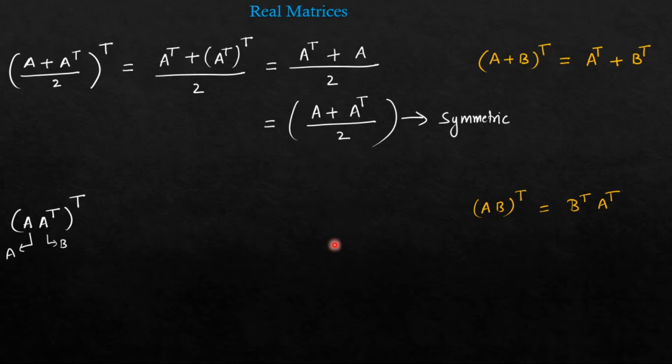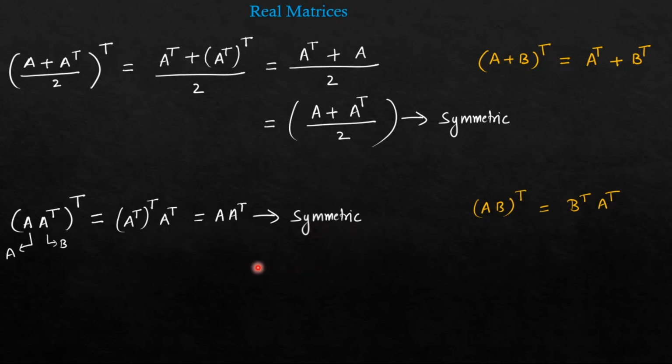By using this property, I can expand it as A double transpose into A transpose. Okay, the order is getting reversed. Again, we know that A double transpose equals A, and A transpose is A transpose. So again, we are getting the same matrix after taking the transpose. A into A transpose, here also A into A transpose. Hence, A into A transpose is also a symmetric matrix.